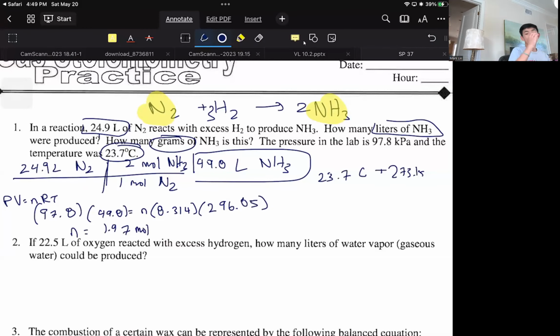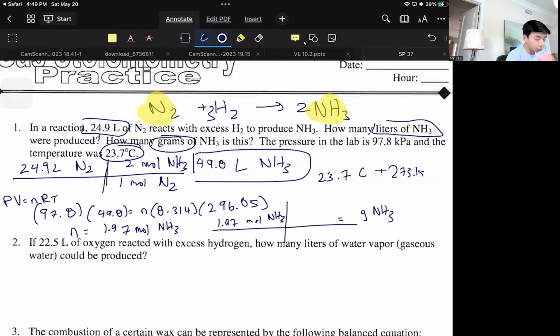And then you're not done yet because you're going to go from moles to grams. So 1.97 moles of NH3. In the end, you want grams of NH3. So set up a table.